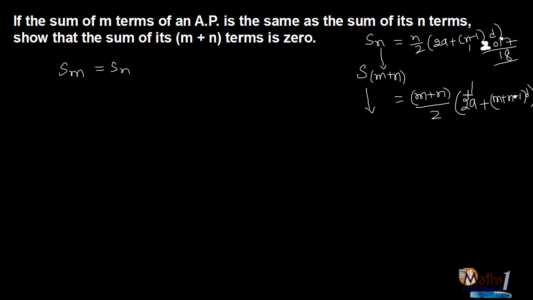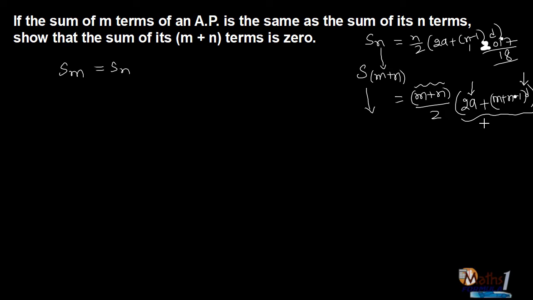If I find a as 0, will that become 0? I don't think so, because then d will be there. Other option is, if m plus n is 0, then 0 divided by 2 is 0, and 0 multiplied by this whole thing gives 0. So there is a possibility.